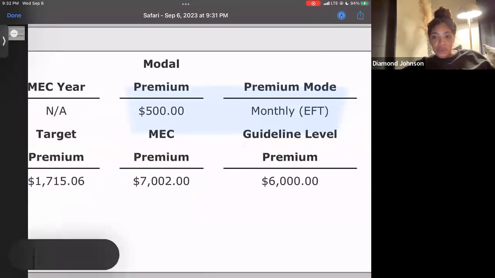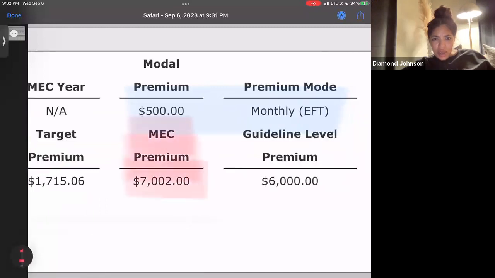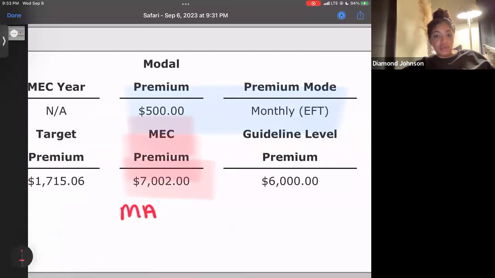Then we go over to our MEC premium. MEC stands for Modified Endowment Contract. This number is regulated by the IRS. This is the max amount of additional money you are able to put into your policy. So the max monthly you would be able to do is $583.